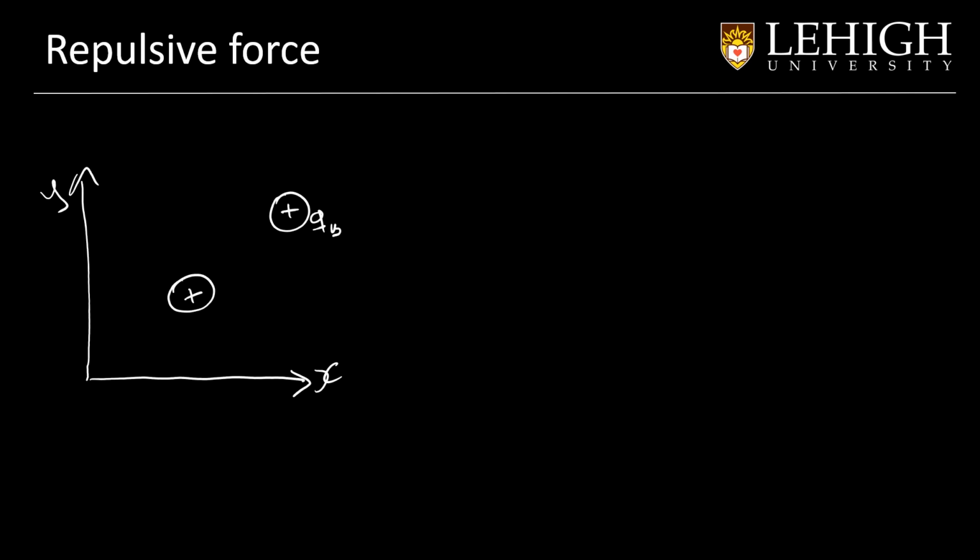Now let's study repulsive forces with the obstacles. So we have the same case in the plane, and we have a positive charge that represents our obstacles that we will denote by QB, and our robot that will be Q, and it can be placed anywhere. So now, since they are charges with the same polarity, there will be a repulsive force that pushes the robot out of them.